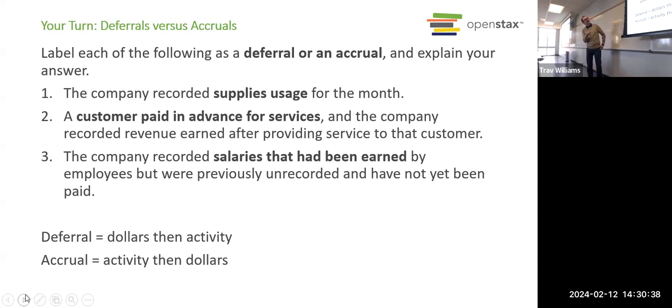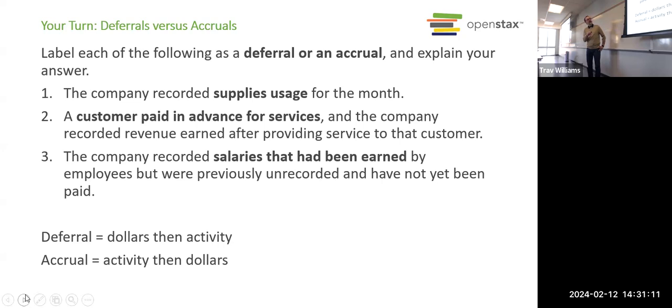Company recorded supplies usage for the month. So if we think about that case where they had bought the supplies and hadn't used them yet, is that a deferred expense or an accrued expense? It's deferred because they bought them first, right? They paid, and then the activity of using them happens later. Yes, deferred is the correct answer.